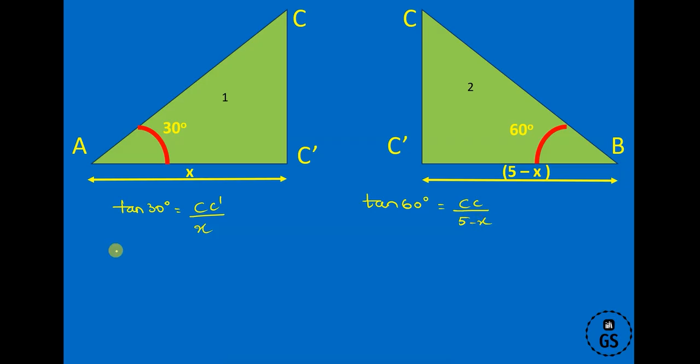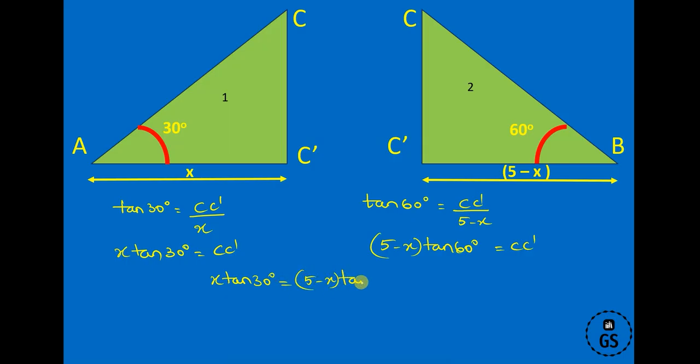Now simplify these equations: CC dash equals x tan 30 degrees, and CC dash equals 5 minus x tan 60 degrees. In both cases CC dash is common, so let's make it an equation: x tan 30 degrees equals 5 minus x tan 60 degrees. When you solve this equation, we can find the x value.